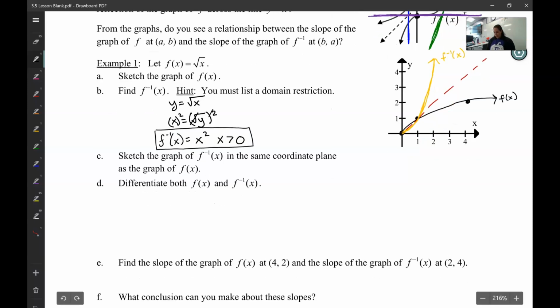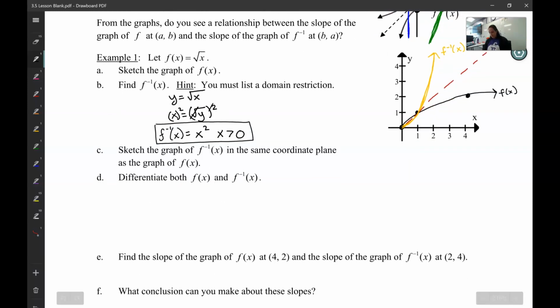Now, I'm going to differentiate both of them. So I have f of x equals square root of x. F inverse of x equals x squared. Let's take the derivative. So f of x, let's rewrite as x to the 1/2. So if I take f prime of x, that's going to be 1/2 x to the negative 1/2, or 1 over 2 square root of x.